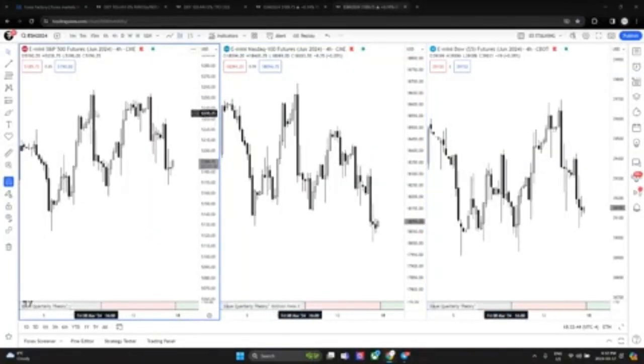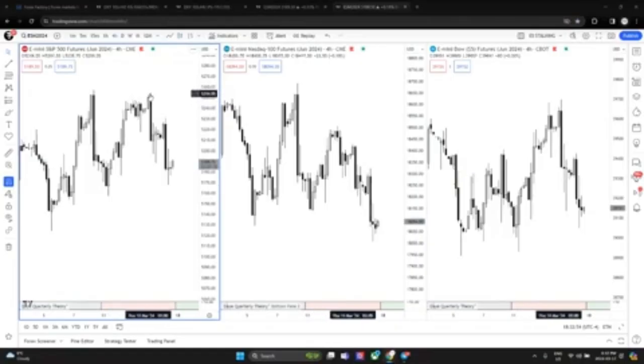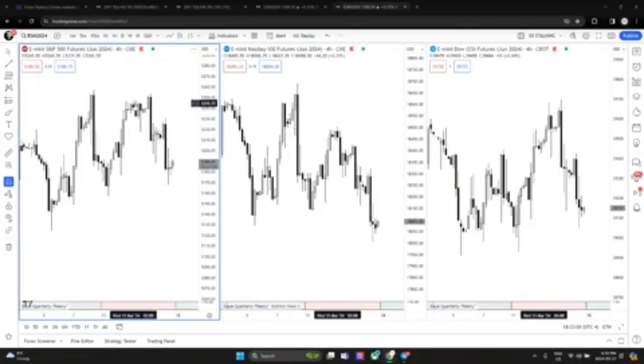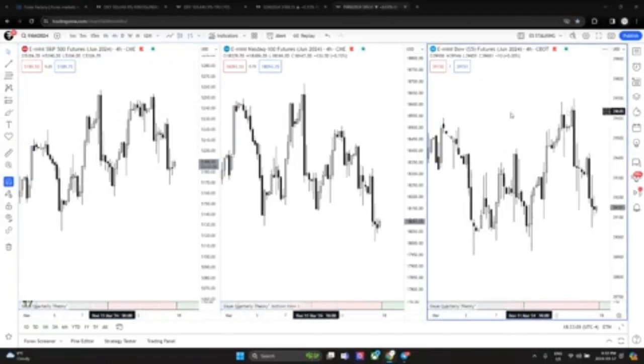So here, right, you guys can see that we did talk about price run above Wednesday's high last Wednesday. Then we had price drop within all three of these asset classes. And why did this happen? Remember, due to the fact that we had a higher time frame sequential SMT, right?